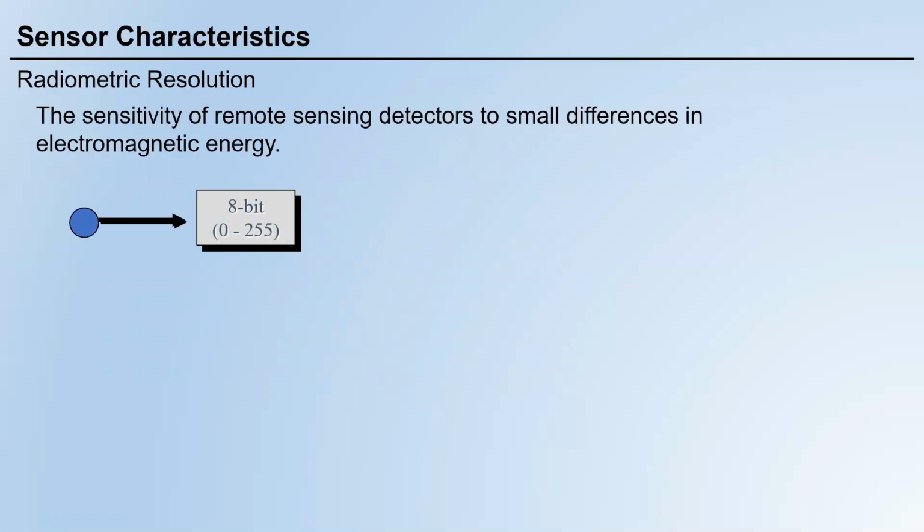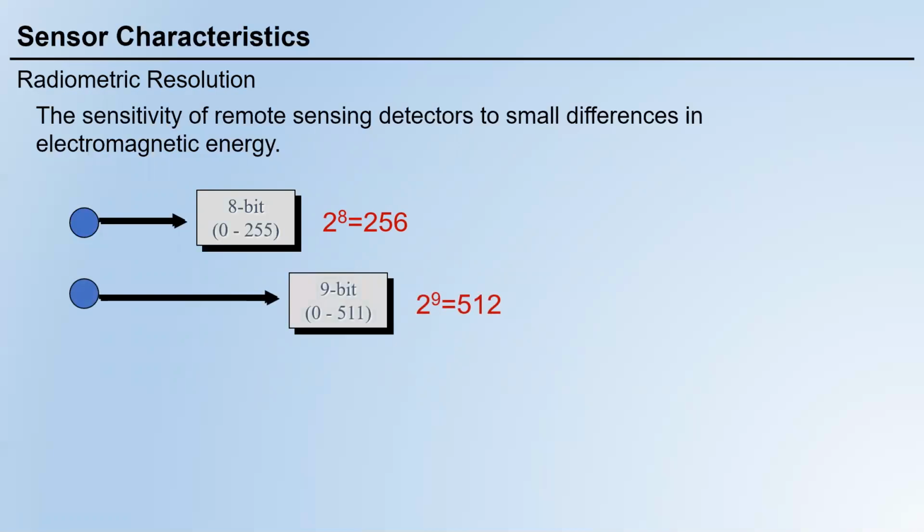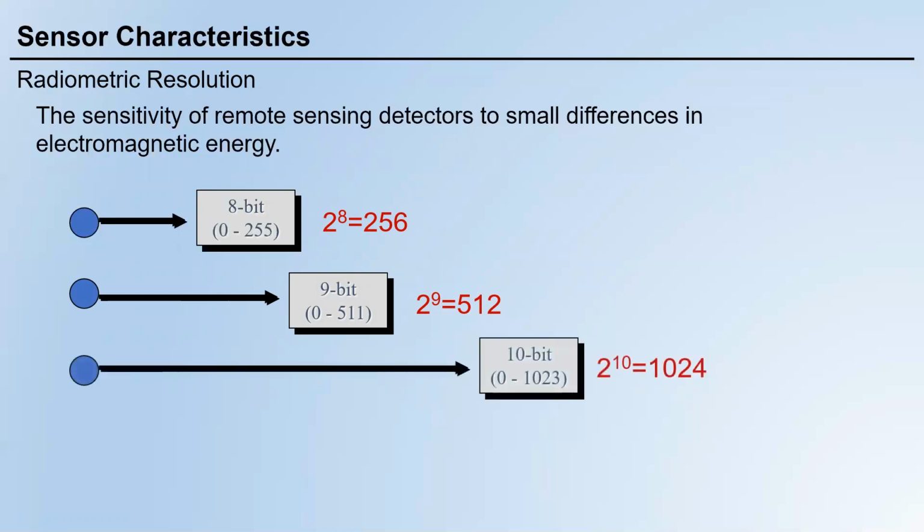So each figure can be 0 or 1. So how many combinations are there? 2 to the power of 8, which is 256 combinations. Of course, if you use 9 bits, you have 512 possible brightness values, or even better.